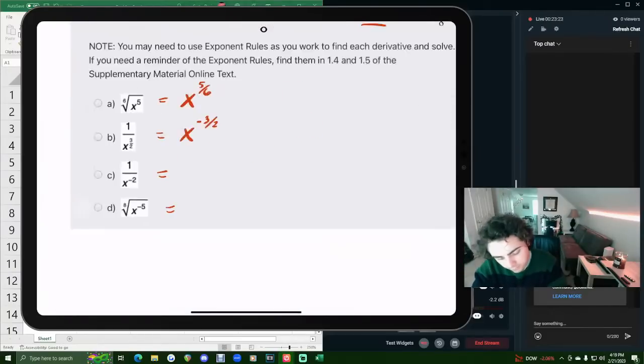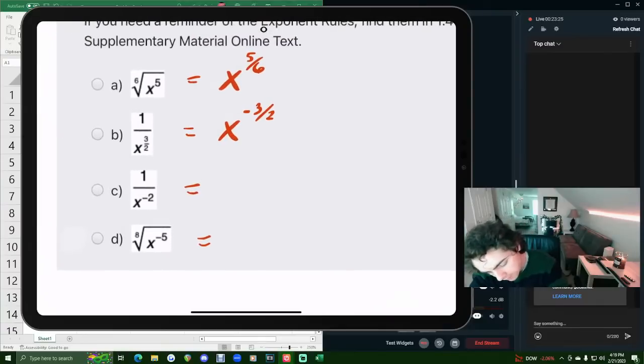So negative 3/2. Now this one's interesting. C, well, if we already have a negative exponent and it's in the denominator, we can bring that term out of the denominator and negate its exponent. And so it was negative 2 and it becomes positive 2. So x to the positive 2 is x to the a in this case.